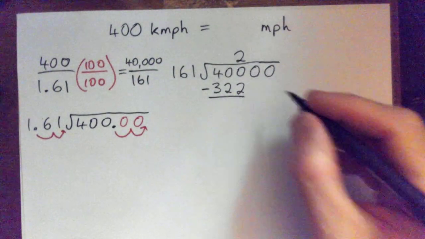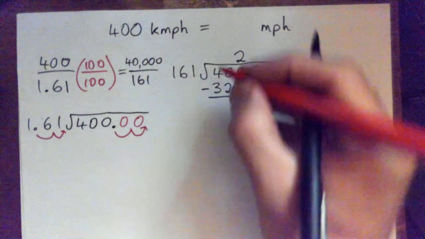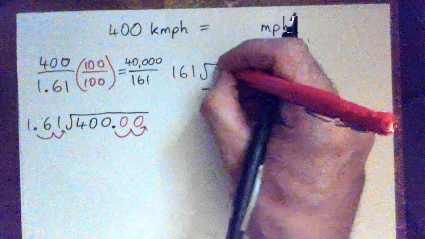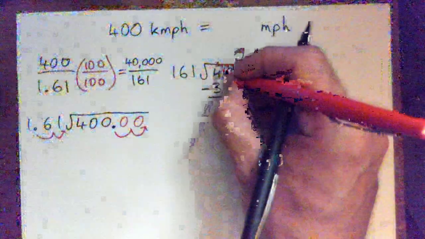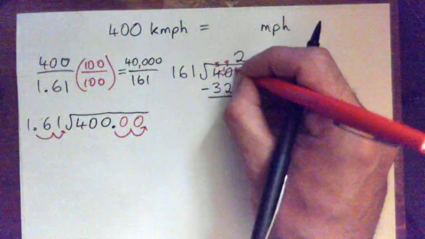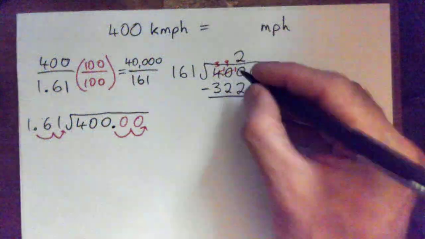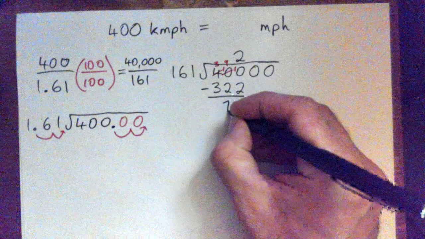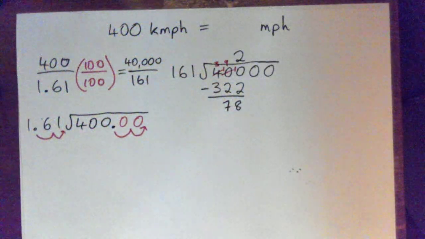Good. Let's do some carrying here: make that a 3, and that becomes a 10. Carry from that, now it becomes a 9, and that becomes a 10. So 10 minus 2 is 8. 9 minus 2 is 7. And 3 minus 3 is 0.